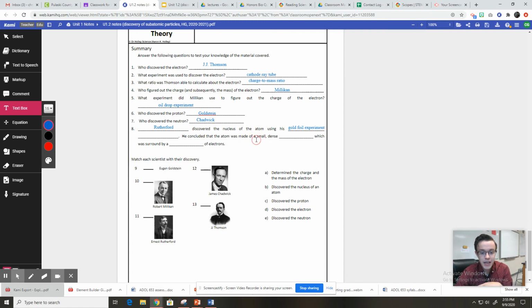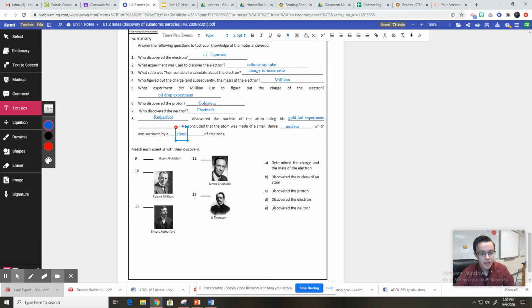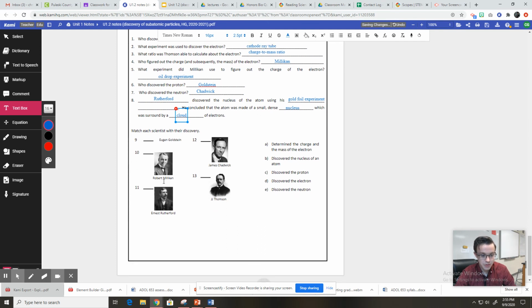So he concluded the atom was made of a small, dense nucleus, which was surrounded by a cloud of electrons. All right, so now this is just a little bit of matching.